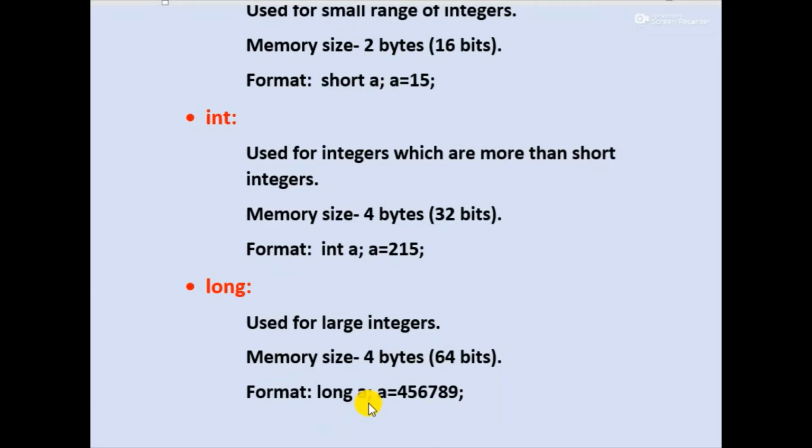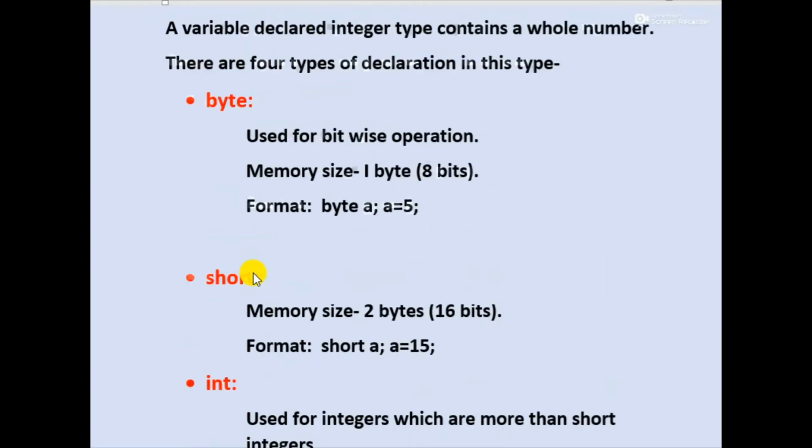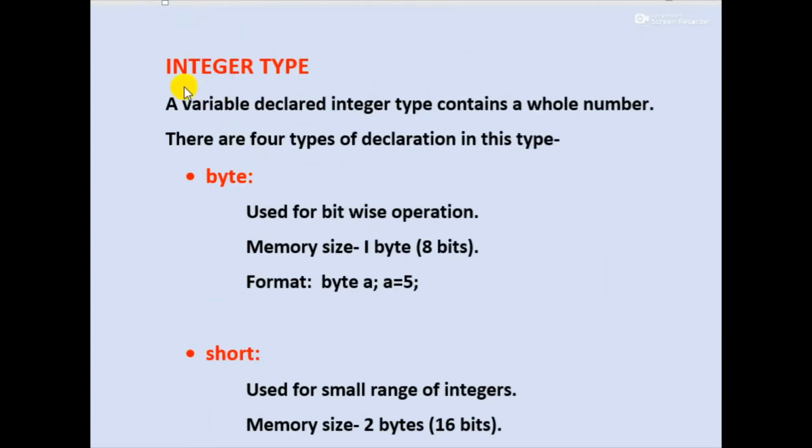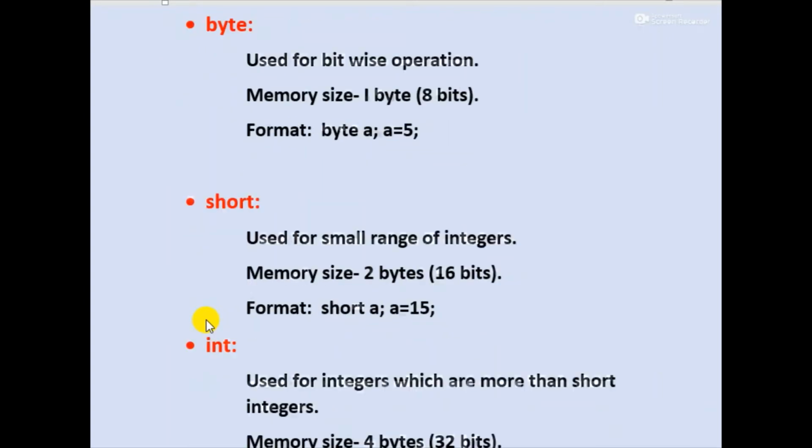The variable is a, and now a can hold larger integers than int, short and byte. So here we can observe these are the four types of declaration which can be done in integer type. These all are the data types which we can use in our program.